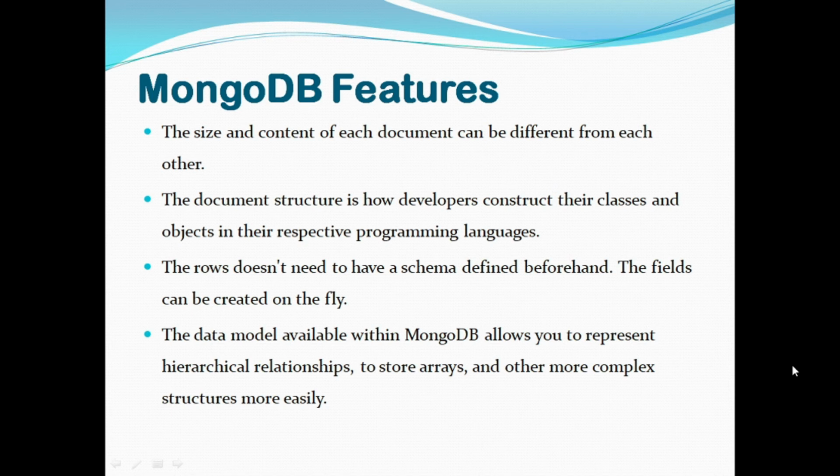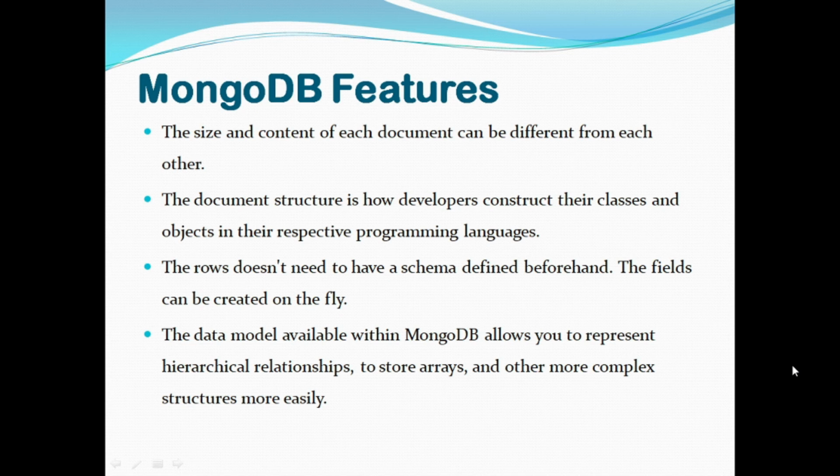For the first student we are storing the name and section, and for the second student we are storing the name, section, branch and registration number. So it is possible that each and every student's document can vary from each other.